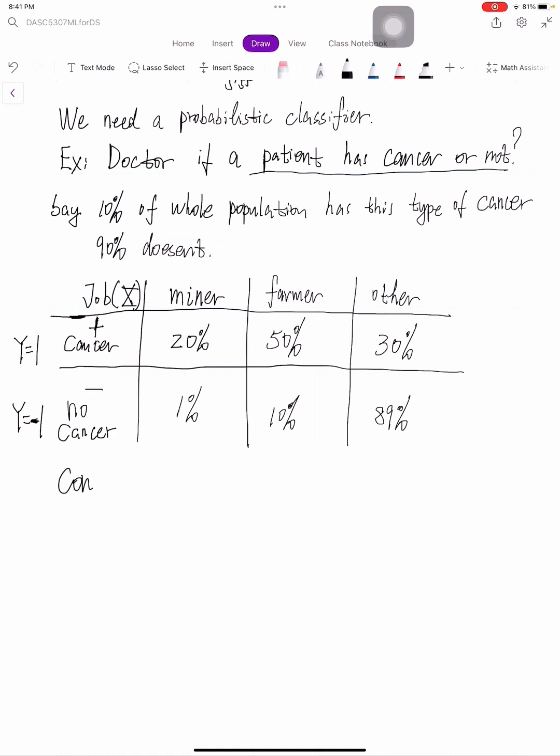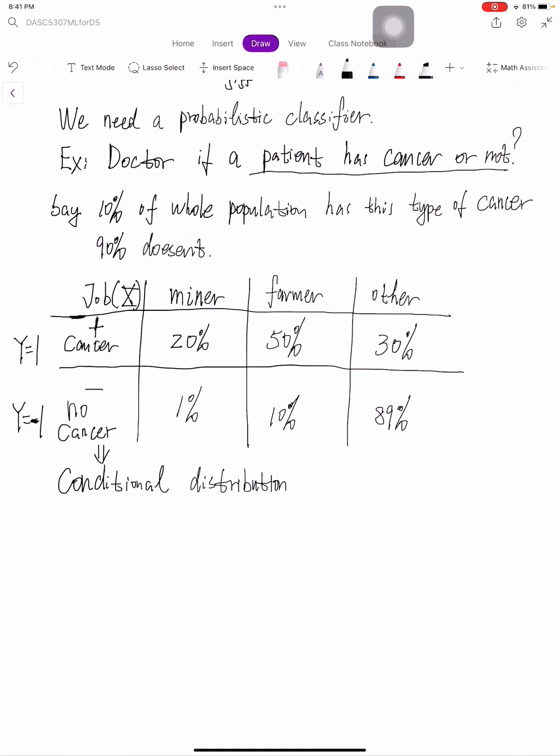But can we say this patient has cancer with higher probability, or without cancer with higher probability?